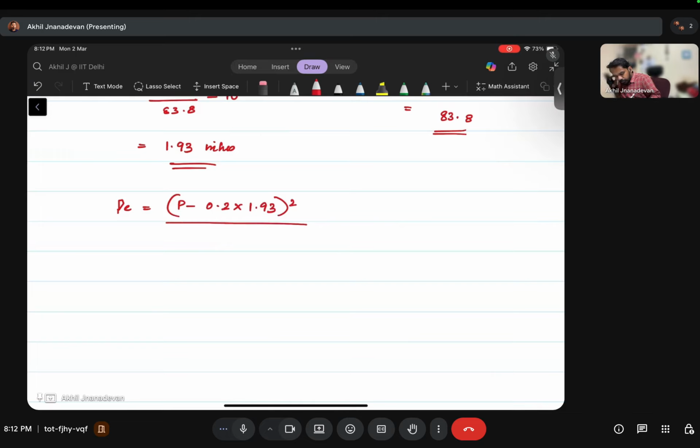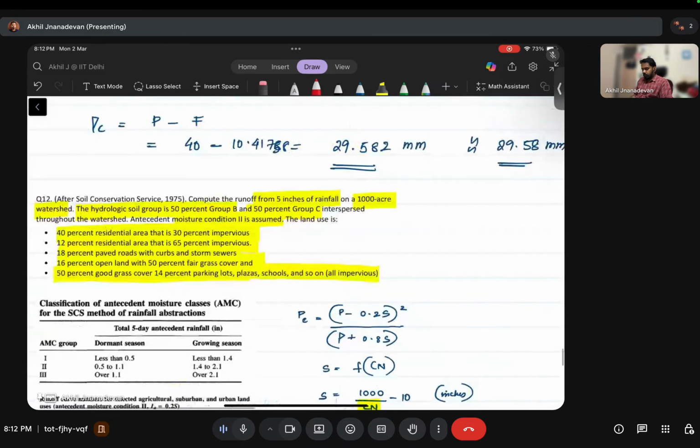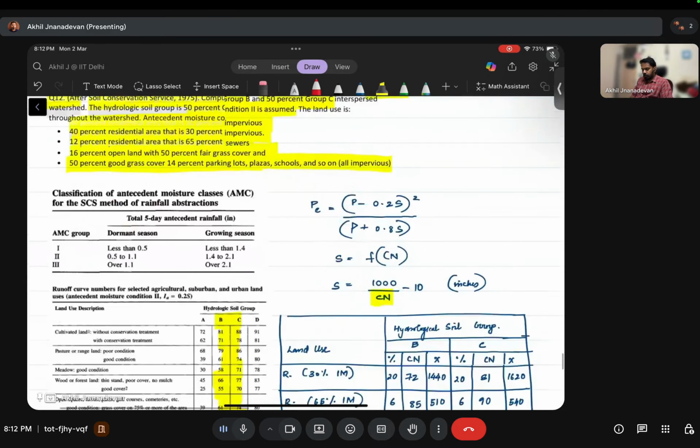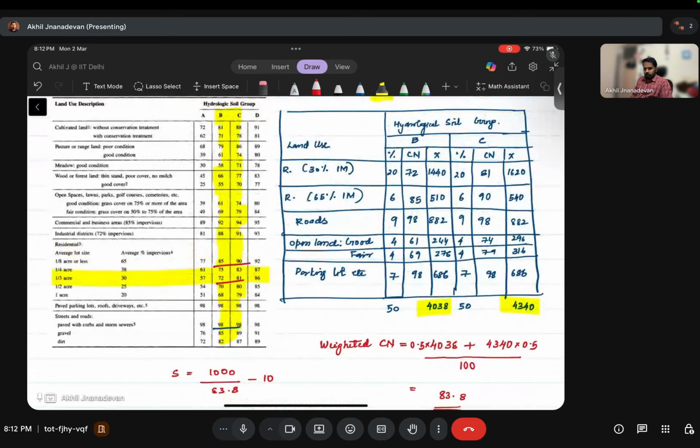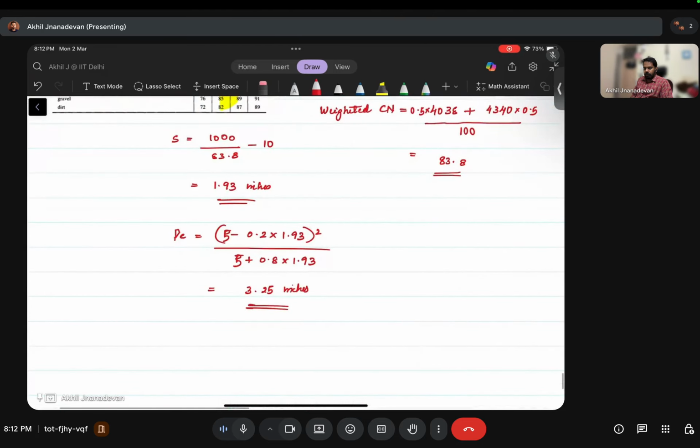P is nothing but 5, so we'll be getting it as 3.25 inches. So for the rainfall of 5 inches, that total depth of 5 inches that happened in this particular catchment which had these properties, the total runoff that will be generated by the SCS curve number method is equal to 3.25 inches.